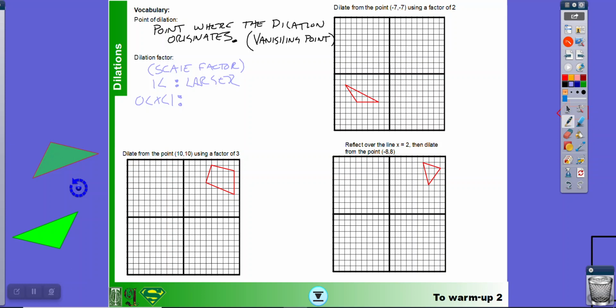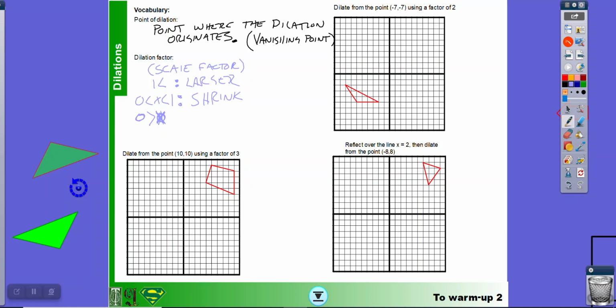It will shrink. And it's actually possible to have a dilation factor that is less than 0. Oh my gosh. Struggles are real today. So if your dilation factor is less than 0, or 0 is greater than your dilation factor, it's actually going to look like that figure is getting pulled in and shot out the back, and it's going to flip.